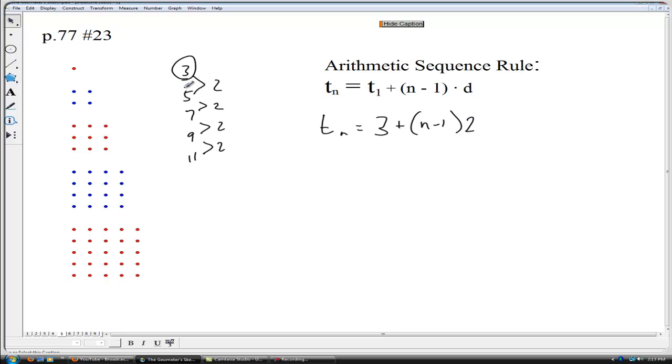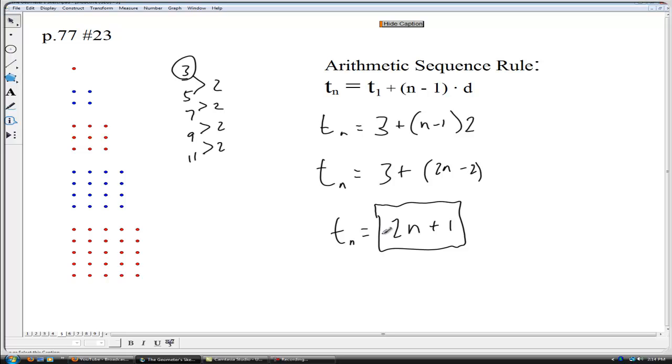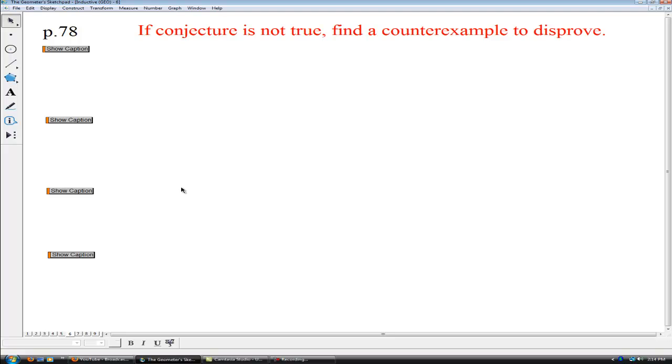And this was our t sub 1, our first term. And so our rule will be, to get any term number we want, let's distribute the 2: 2n minus 2. And now let's combine like terms. T sub n will be 2n plus 1. And that is the answer to number 23. Kind of a complicated problem. Okay, let's turn the page.